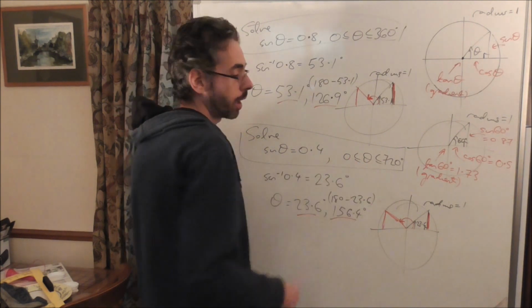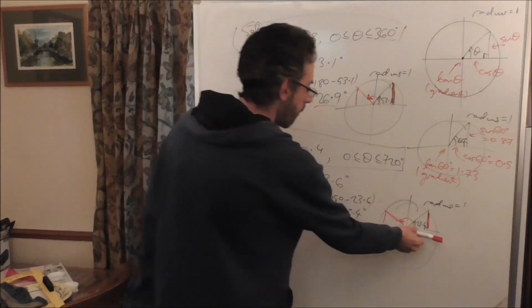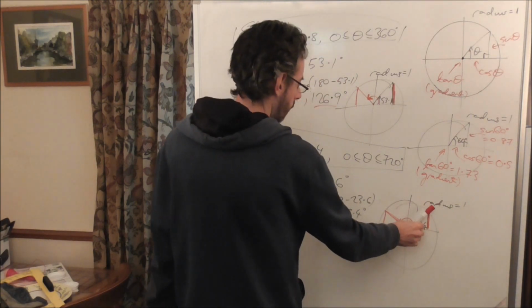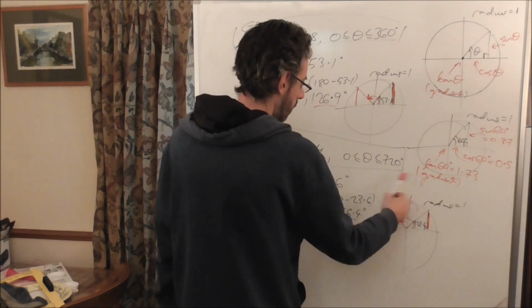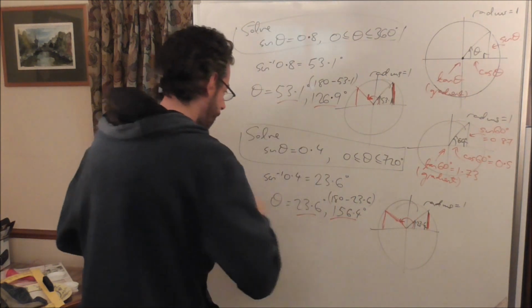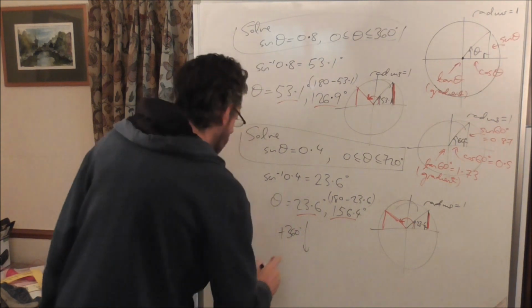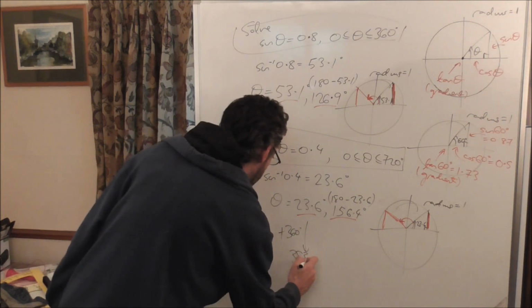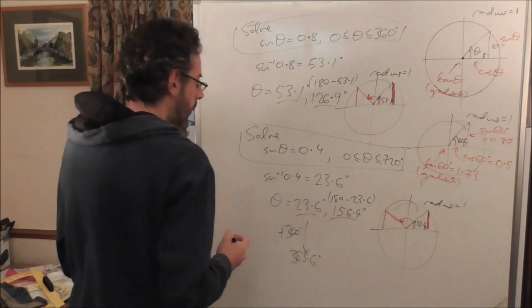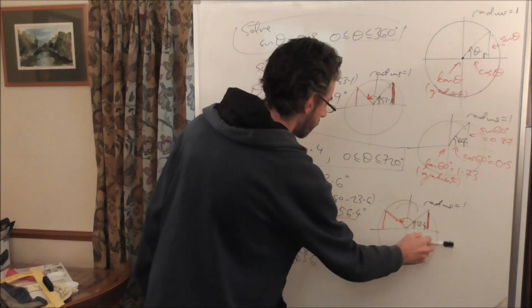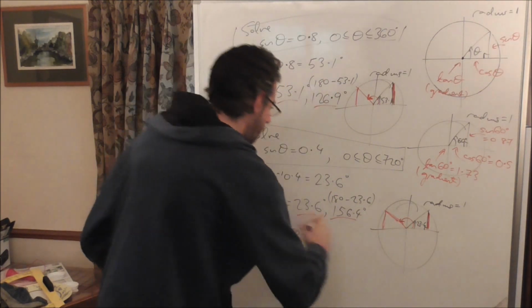Well no, because we can go all the way up to 720, so we can actually go round again. So we can go all the way round and then get back to the line. So this angle is 23.6 plus another 360. So you can add 360 to that angle, and you get 383.6. And you can also do this angle here, which is 156.4, plus another 360, and you'll get back to the line again.